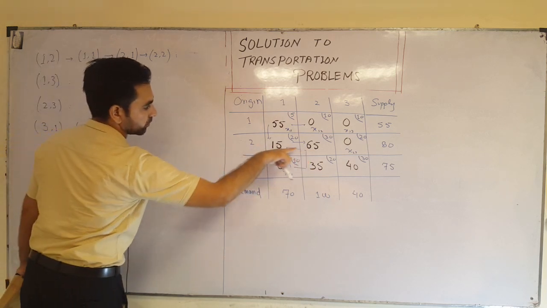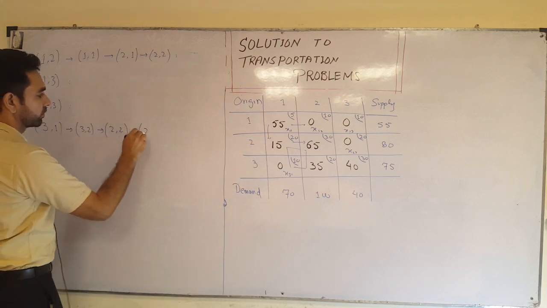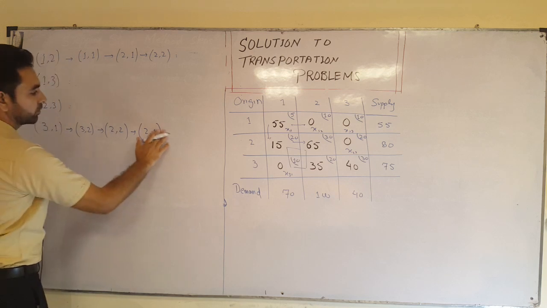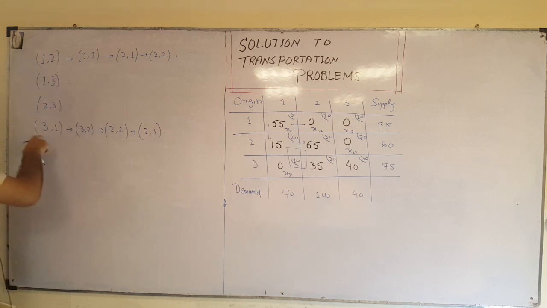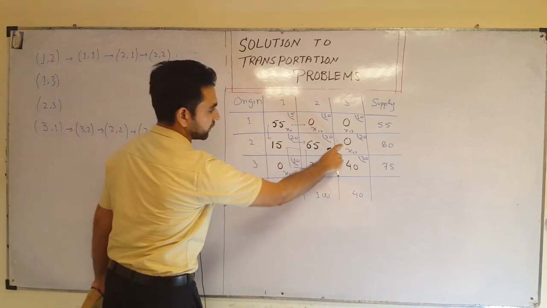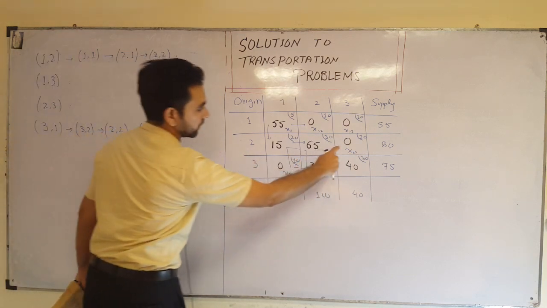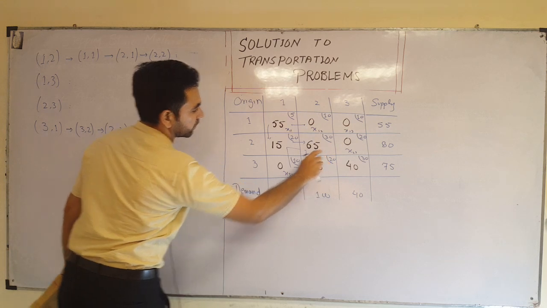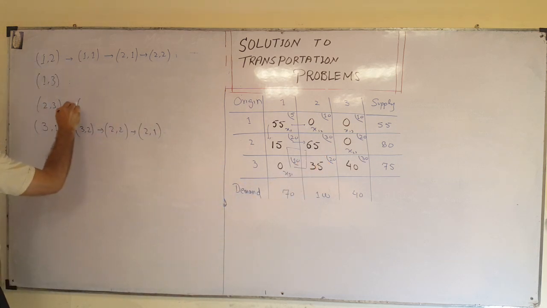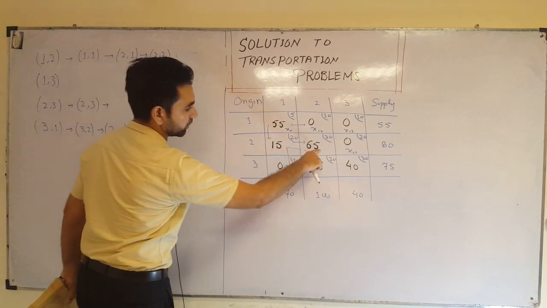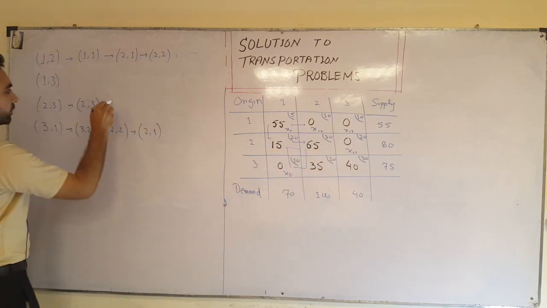From 2 2 you can go back to 2 1, and from 2 1 again you're back to 3 1. Now another simple one is 2 3. From 2 3 you can go to 2 2, from 2 2 to 3 2, and from 3 2 back to 2 3.